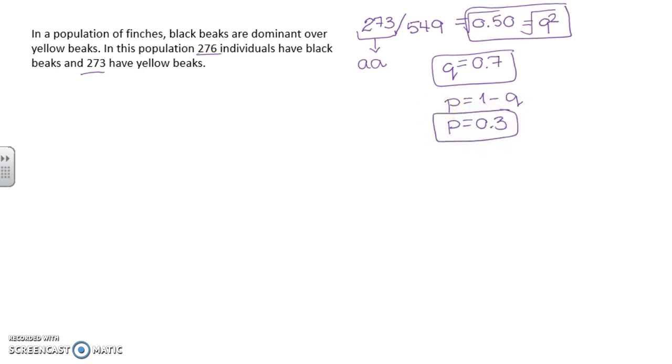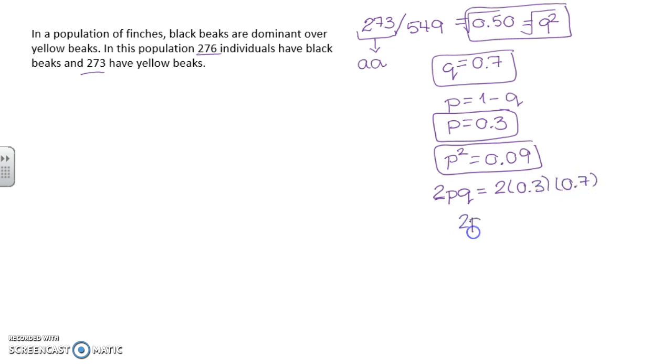Once we got p, we can easily find p squared, which is 0.09. And again, I just have to multiply 0.3 times 0.3. And then I plug in the numbers into 2pq, and that gives me 2 times 0.3 times 0.7.